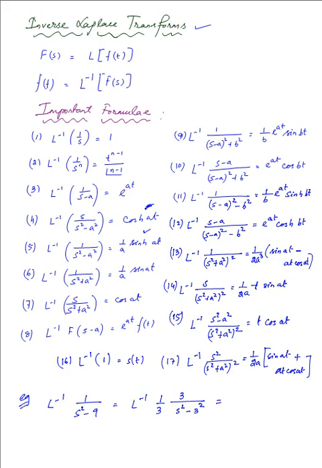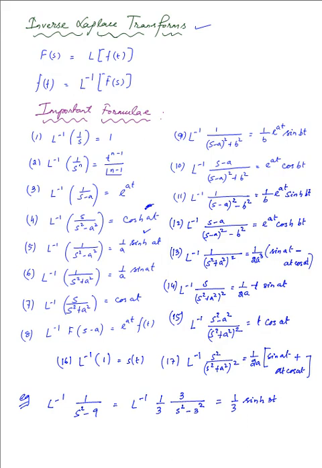So we have the Laplace inverse of a over s squared minus a squared equal to sine hyperbolic at. That is exactly what we will be getting here. So 1 over 3 remains as such, and this one is simply sine hyperbolic 3t. Instead of a, we have the value 3 over there, so this is simply 1 over 3 sine hyperbolic 3t.